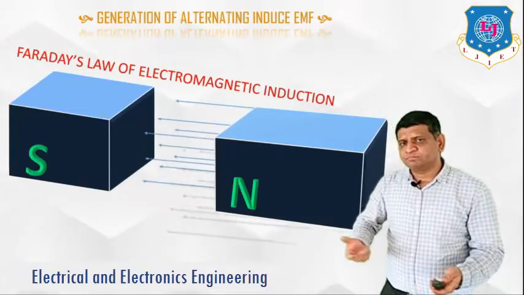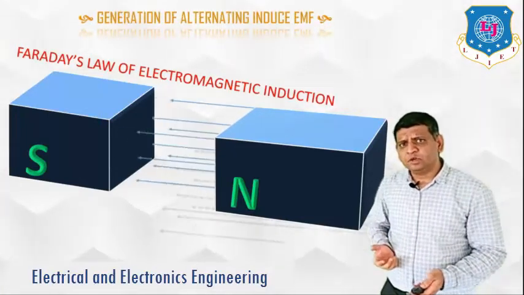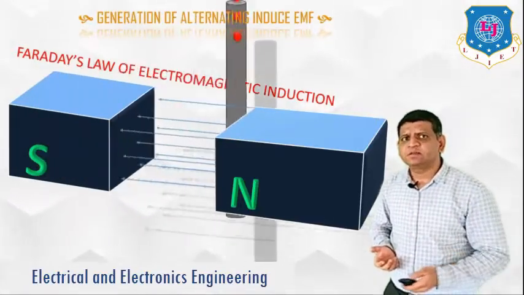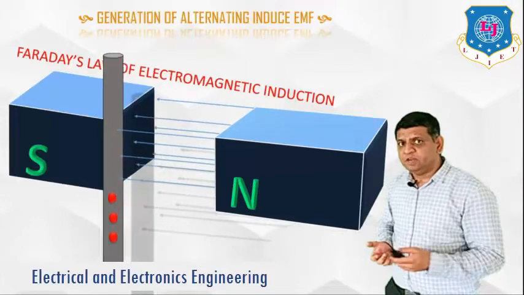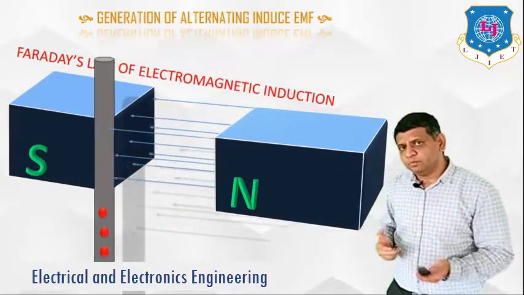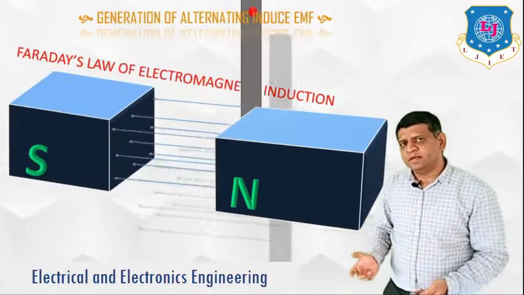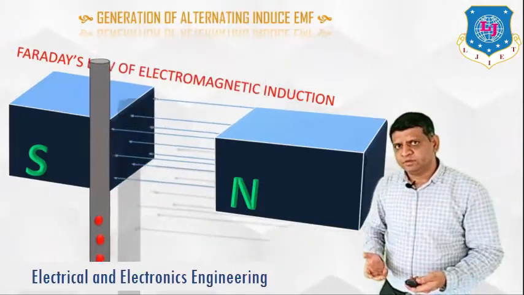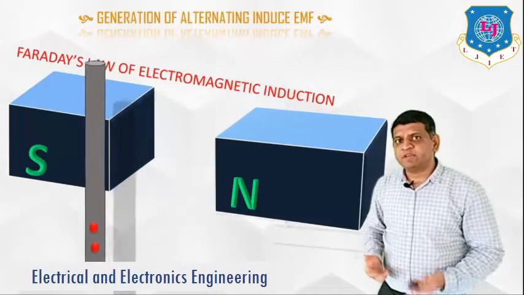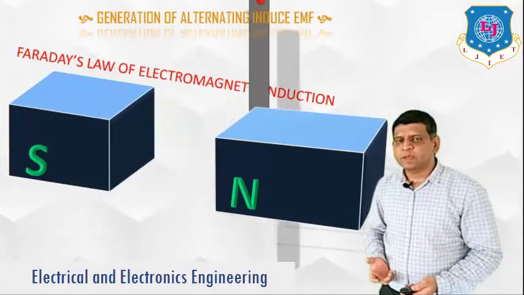Now you take a simple conductor rod and pass this metal conductor in between. So here the magnetic flux induced by these two magnets is going to be cut, right? Once the magnetic flux is cut, this will generate an EMF as per Faraday's law of electromagnetic induction, right?